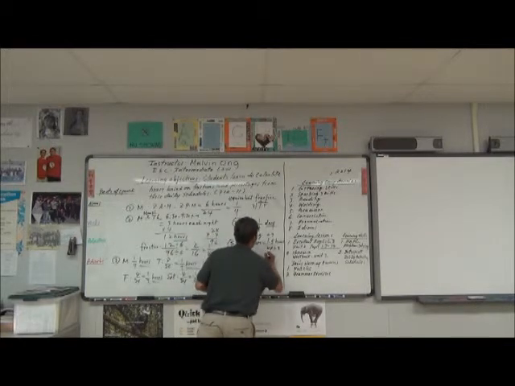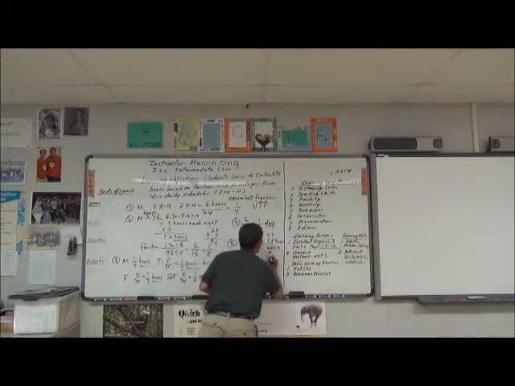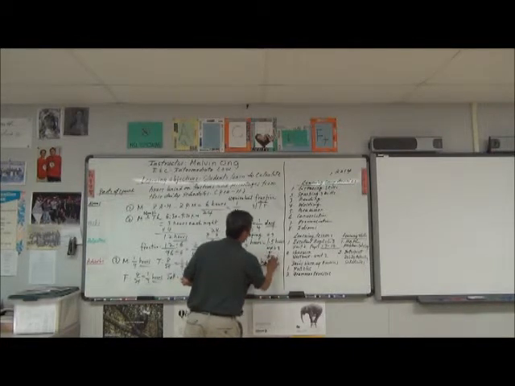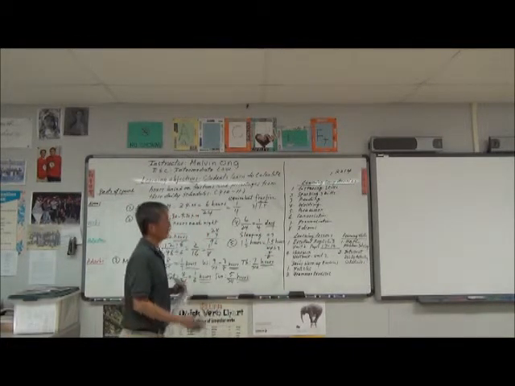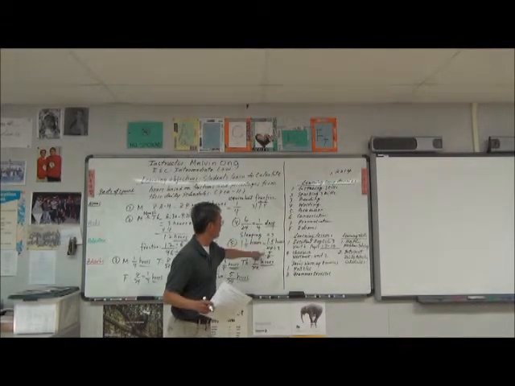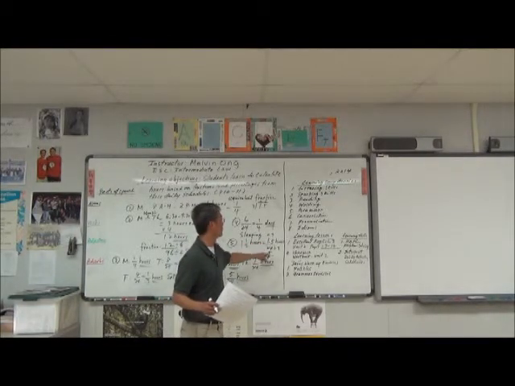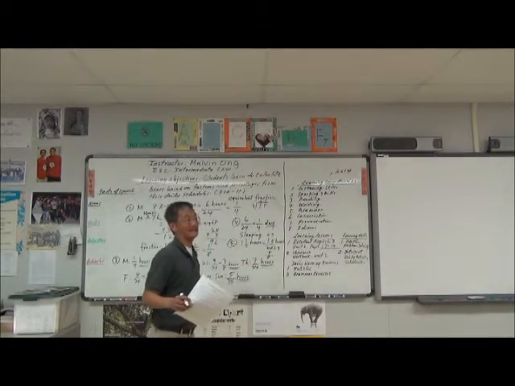So this is 0.5 over 8. That's your equivalent fraction from here to here, from 1.5 over 24 to 0.5 over 8.